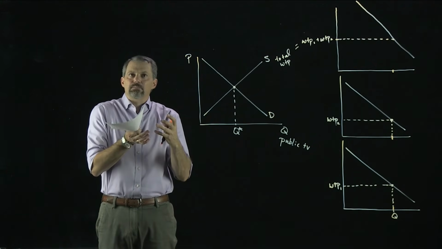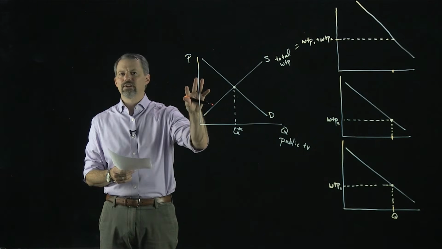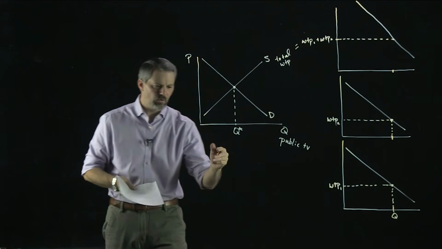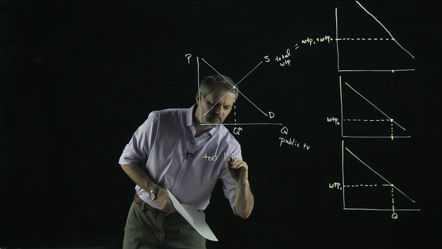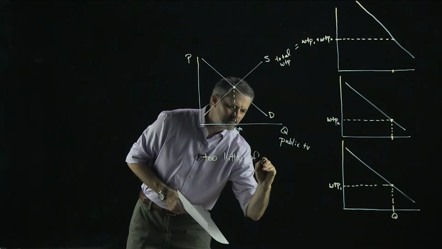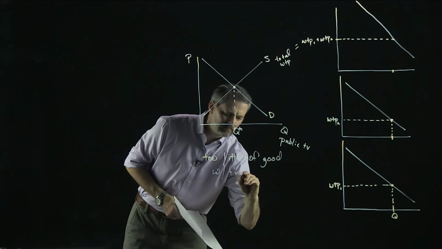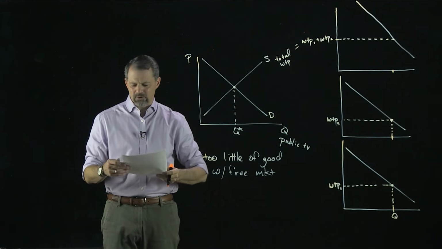That's why it's provided typically through government grants, because the free market would result in too little of the good. So again, too little of the good with a free market, and the reason is because of the free rider problem.